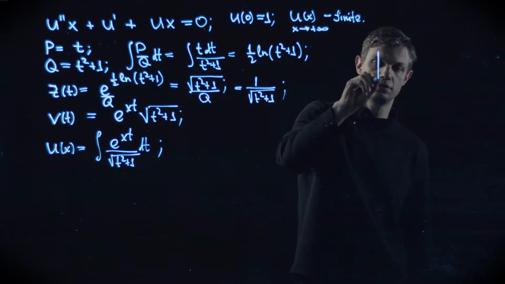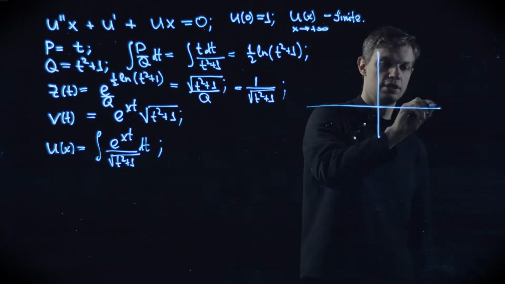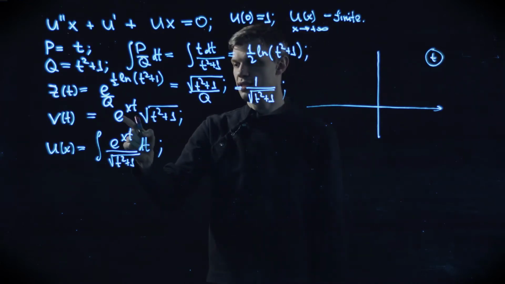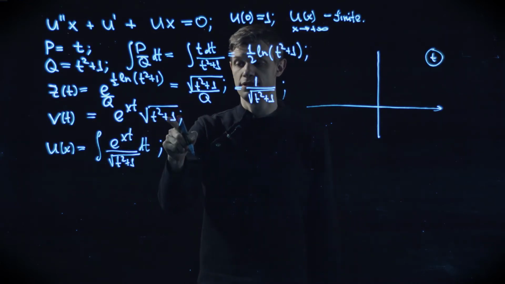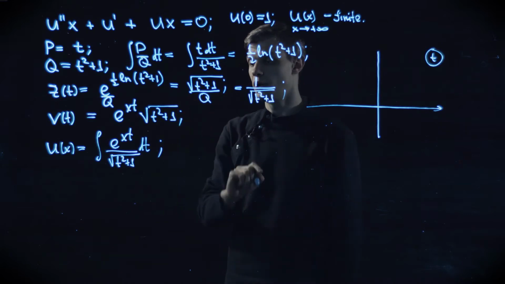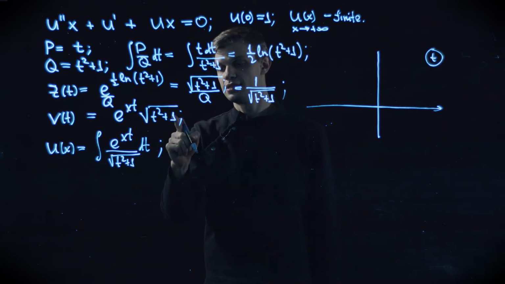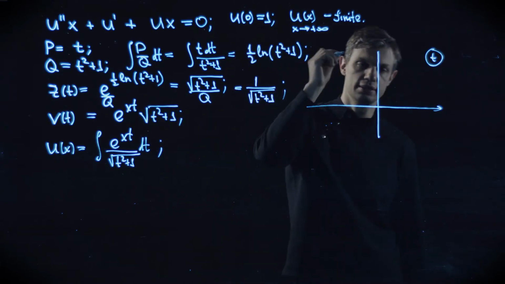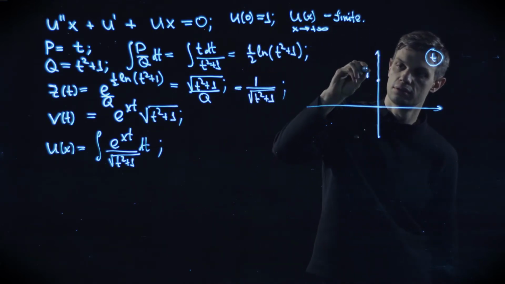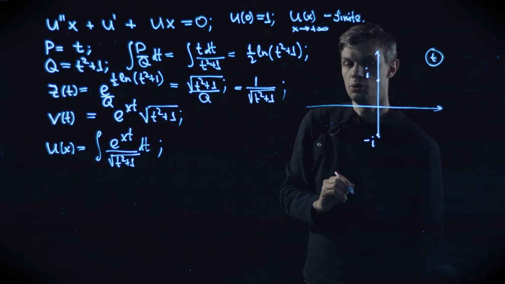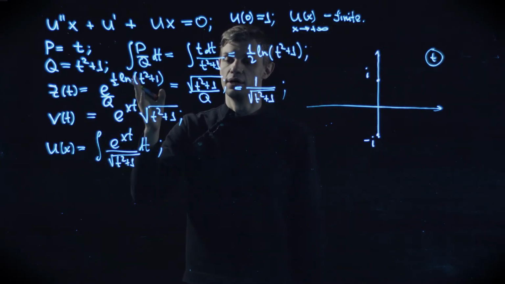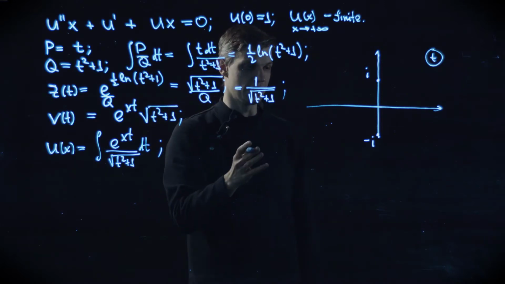So let's draw a complex plane. What you've noticed is that our v function is in fact a multivalued function because it contains this square root. So it has two branch points, t is equal to i and minus i. To define it completely, we need to draw a branch cut.